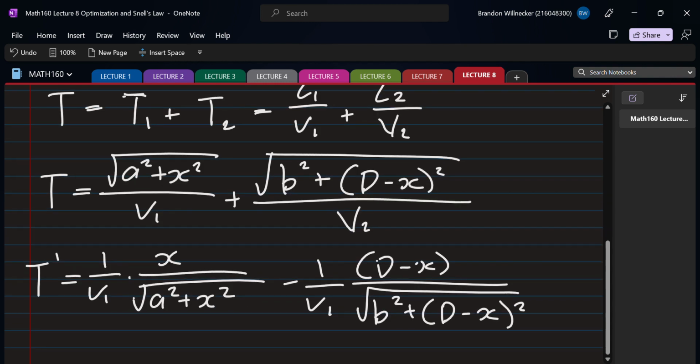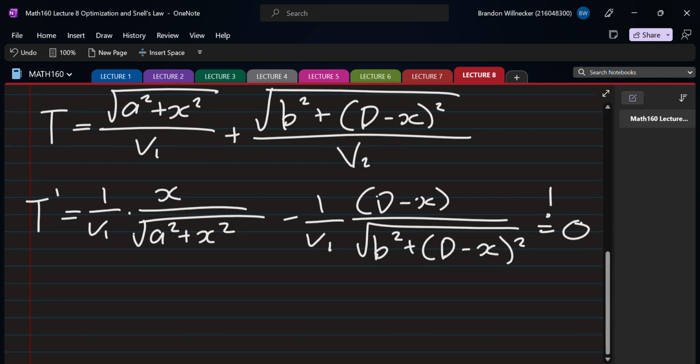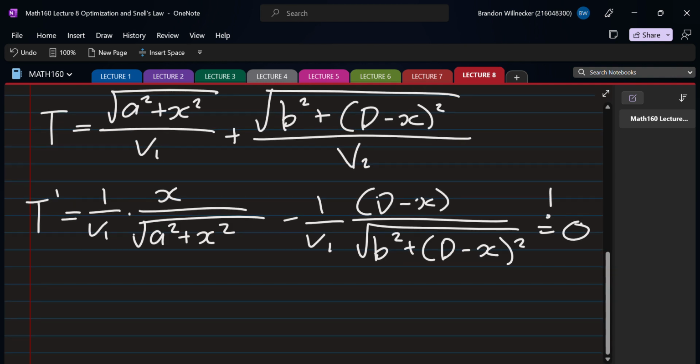Again, I'm leaving some steps out. If you do need to go through it more slowly, please do that. And if you have any questions on it, again, please don't hesitate to email me. Okay, so this is going to be set equal to 0, again using our local minima and maxima rules. Since this is equal to 0, we can take this negative term over to the other side.